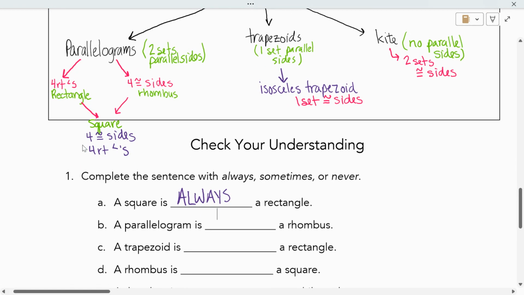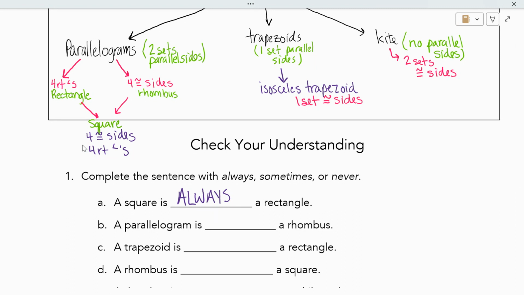Okay. A parallelogram is always, sometimes, algunas veces, or never, nunca, a rhombus. Is a parallelogram always a rhombus? Never a rhombus? Sometimes a rhombus. Sometimes.